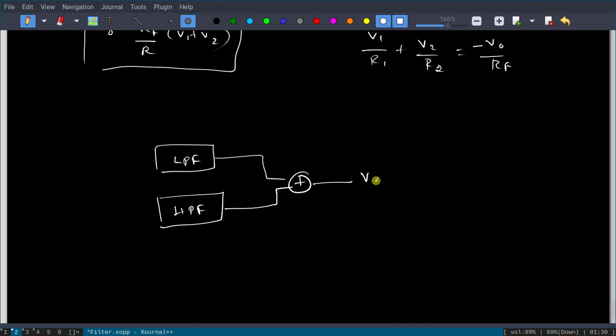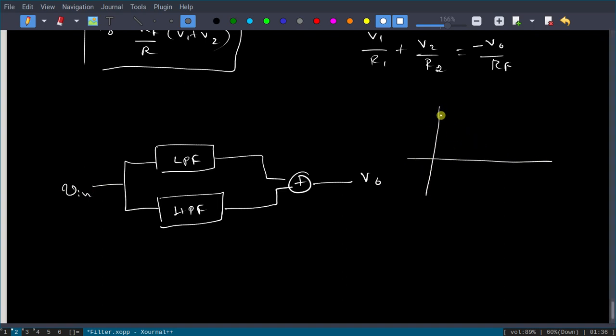This is V naught, and you give V in. So the response is this: here this is FH and this is FL, and this is the LPF and this is the HPF.